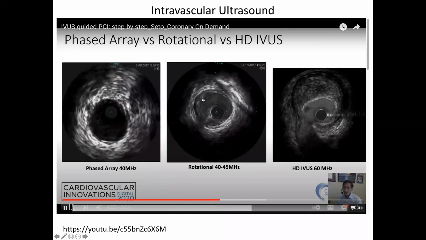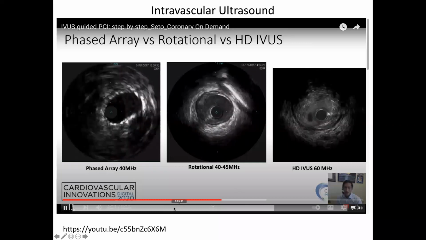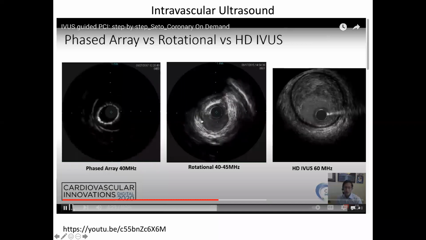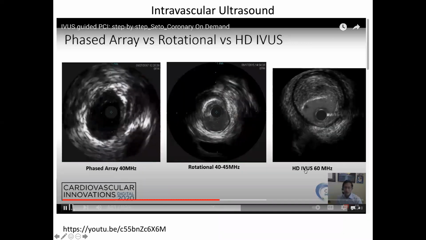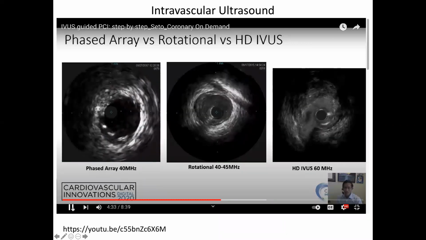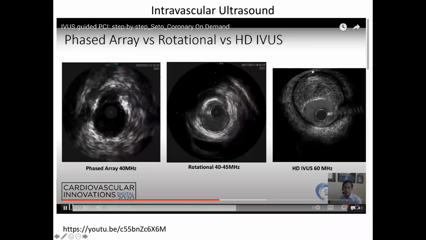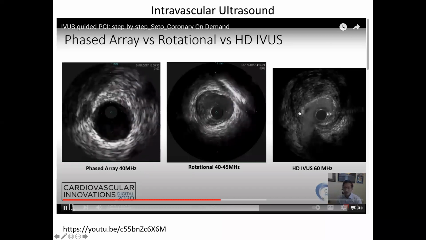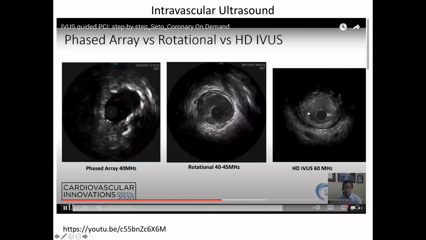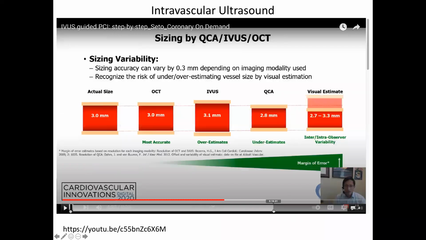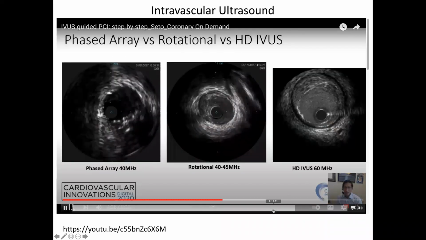Here's a rotational version at 40 to 45 megahertz. Again, here's the vessel wall out here. And then this is at 60 megahertz, which, as you can see, the spatial resolution starts to get really fantastic, right? It's almost like OCT, optical coherence tomography, where you have the intima all there. So that's pretty cool.